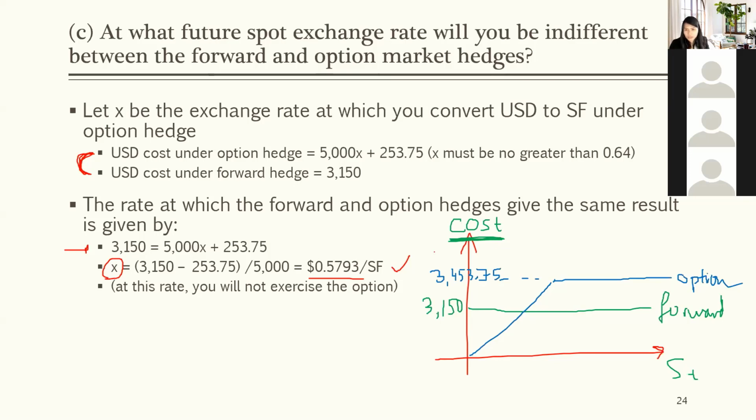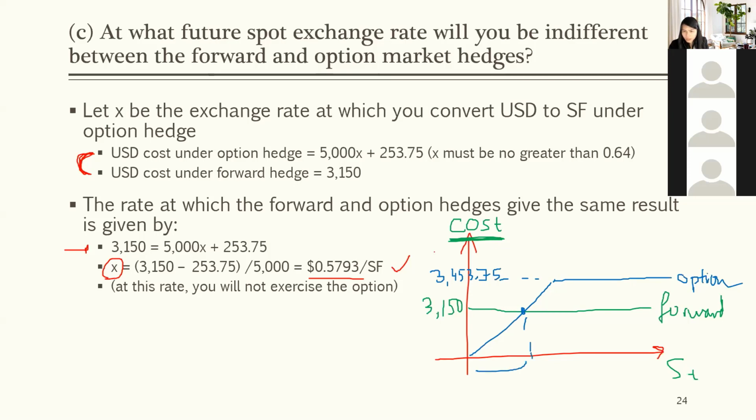So what it says here is that the USD cost for an option hedge is anywhere below 3,453.75. And the cost of a forward hedge is going to be 3,150, regardless of how this exchange rate moves. This is the point at which you're indifferent between the two options, because this is the point at which you get the same outcome.